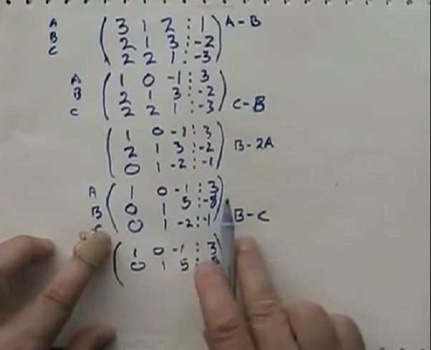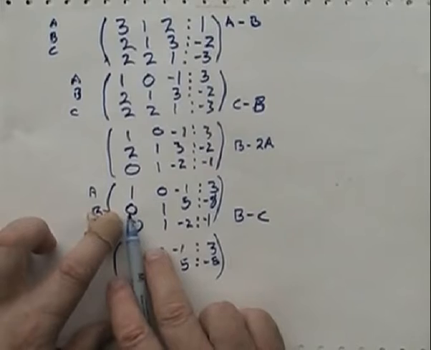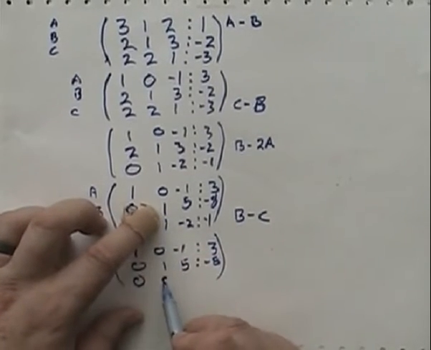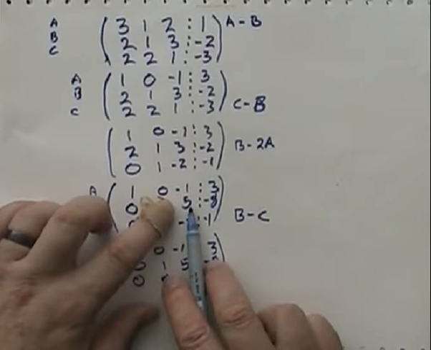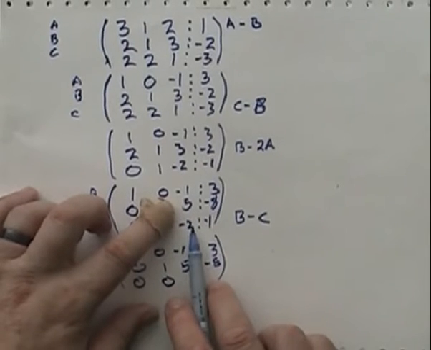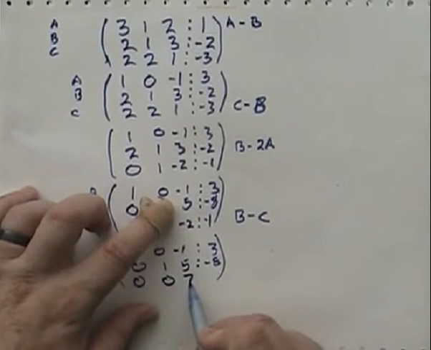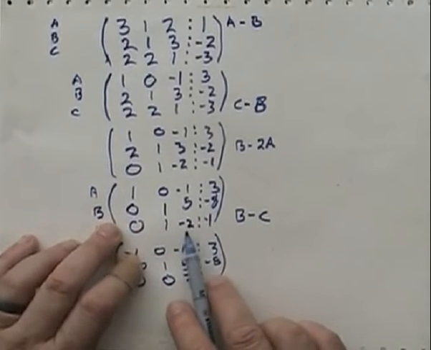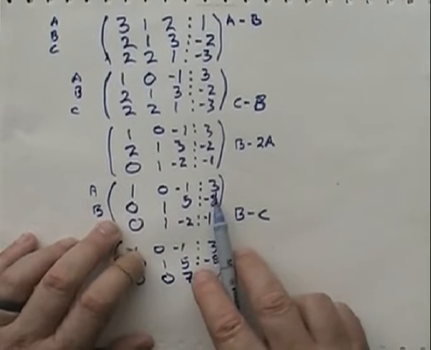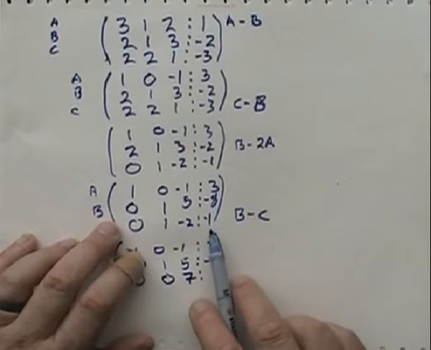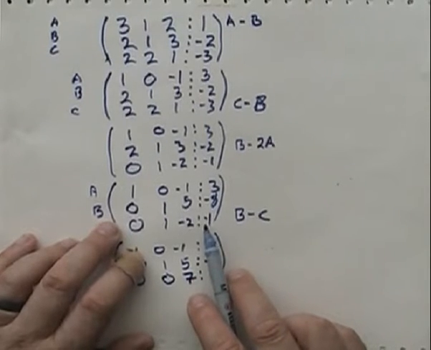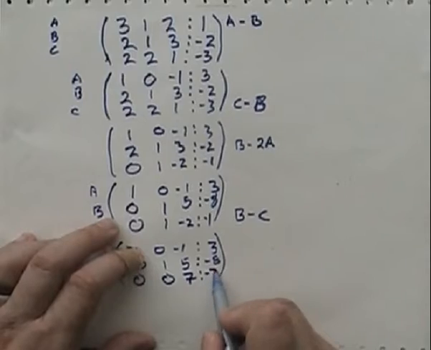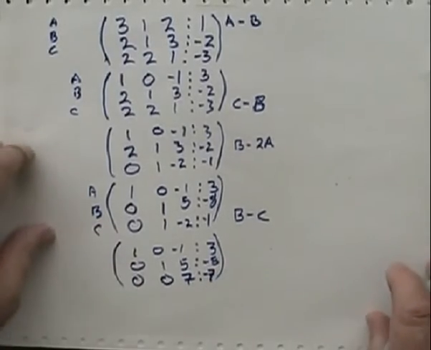But now I'm going B, this row minus this row. So this is 0 minus 0. 1 minus 1 is 0. 5 minus -2 is positive 7. And then last of all, what have we got? Negative 8 minus 1. So negative 8 plus 1, that's going to be negative 7. Just about done.